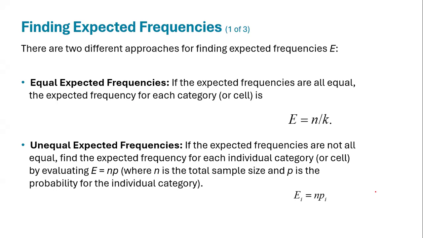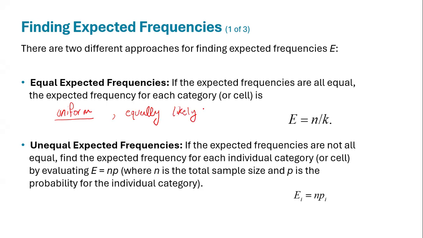If the expected frequencies for all categories are equal, which means they follow a uniform distribution, or it's mentioned that the expected frequencies are equally likely, then the expected frequency for all categories is the same number.